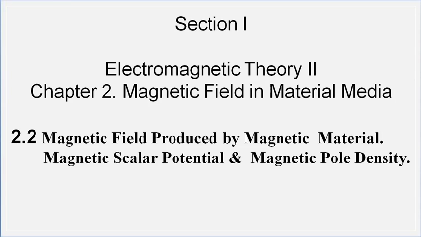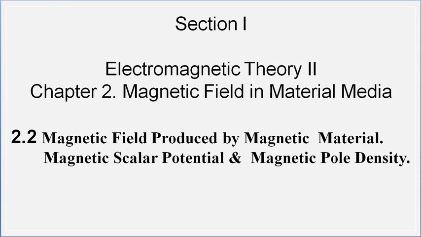Now, a given material, for example a piece of iron, is not magnetized. It does not produce any magnetic field. But if you keep it in some external field, then it behaves like a magnet. That means it gets magnetized. The magnetization of that material is defined by what is called a magnetization vector, vector capital M. Then we define a magnetization density, and we have also defined a magnetization current.